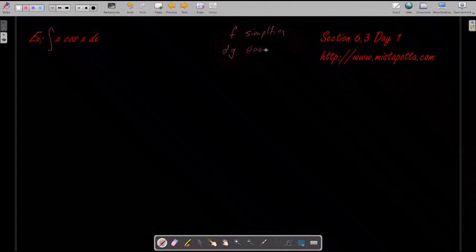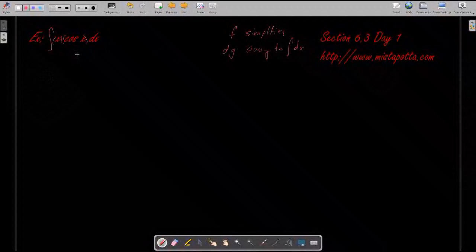Looking at these two terms, I've got an x term and a cosine of x term. One of these has got to be f. And both of these I can take the derivative fairly easily. But the derivative of cosine is negative sine. That's not really getting simple.